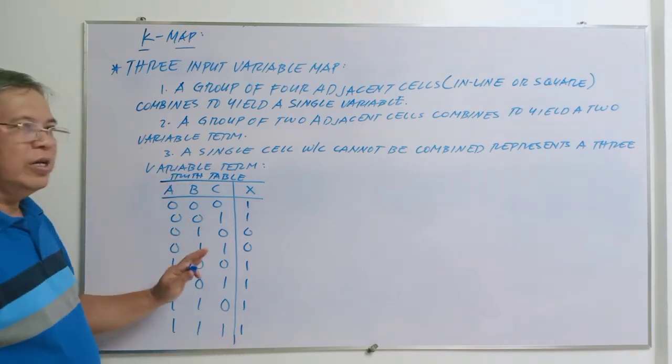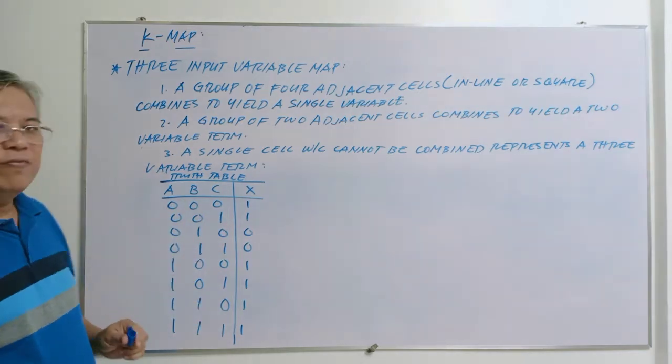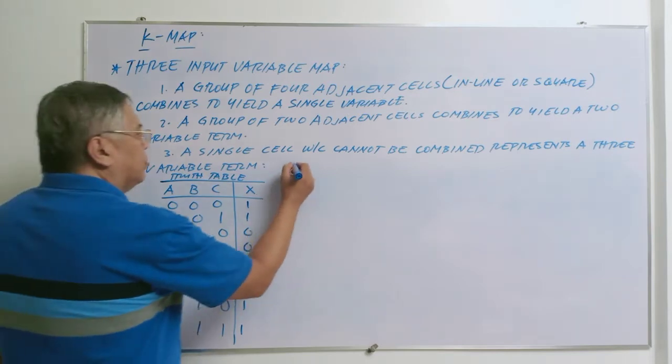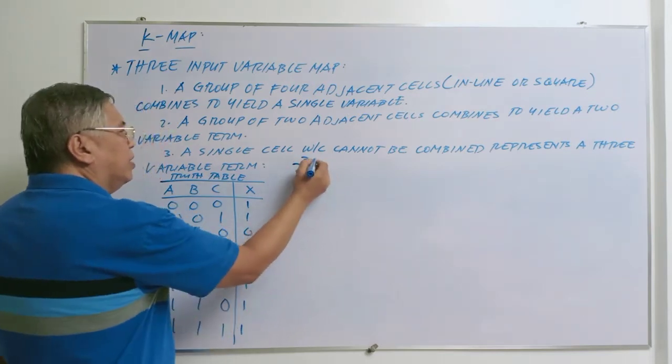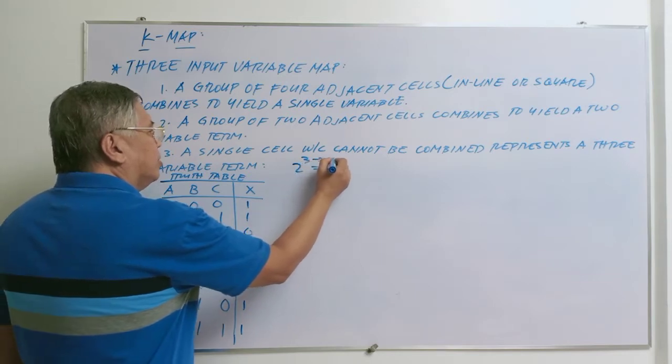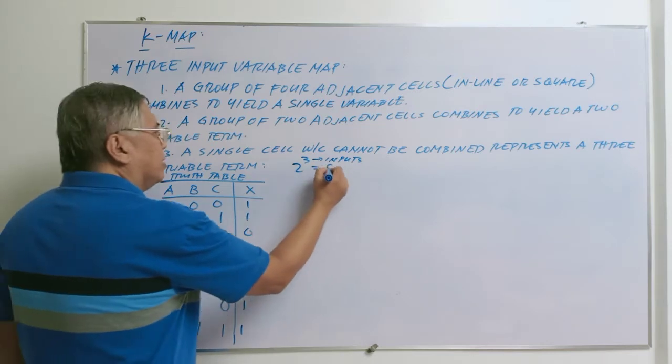So how many cells do we need in order to satisfy a 3-input variable map? So you have 2 to the 3, where 3 represents the number of inputs, no? So you have 8.